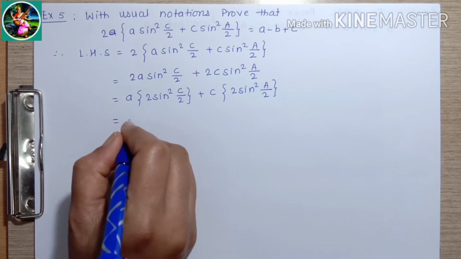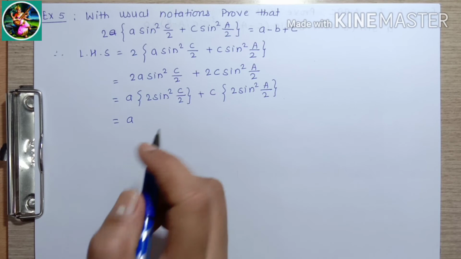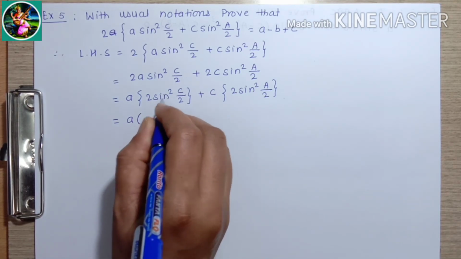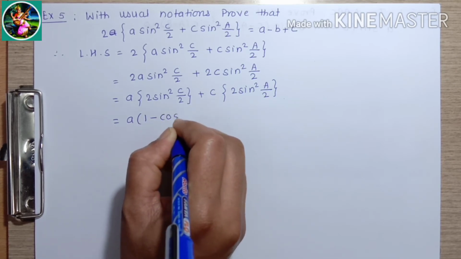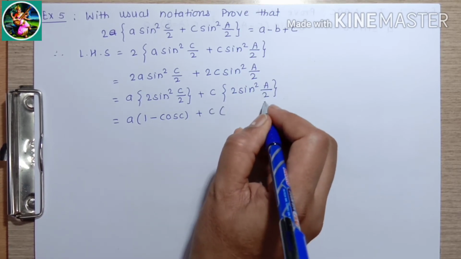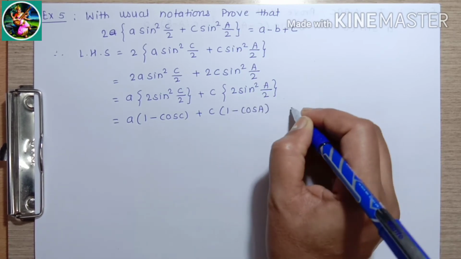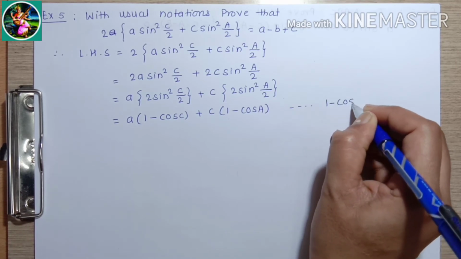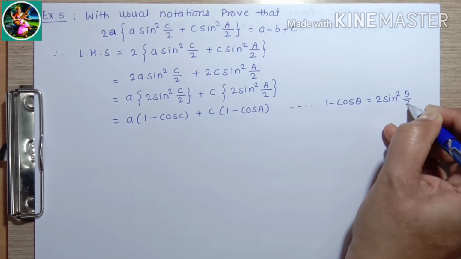And now this is equal to A into bracket, that 2 sin square theta by 2 is 1 minus cos theta. Therefore, here we write that 2 sin square C upon 2 is 1 minus cos C, plus C into bracket that 2 sin square A upon 2, that is 1 minus cos A. That we know that 1 minus cos theta is equal to 2 sin square theta upon 2.